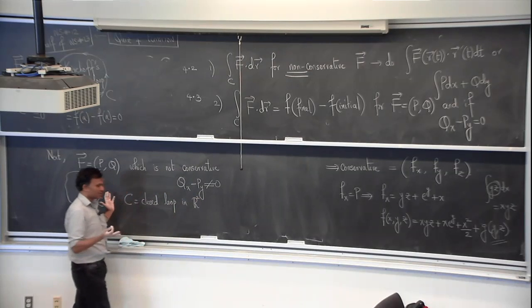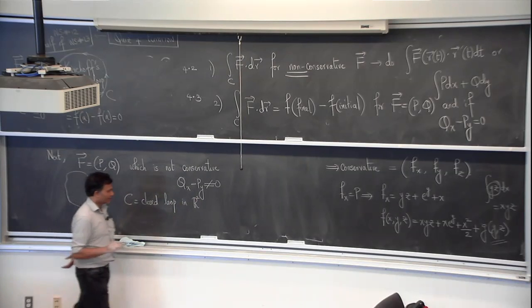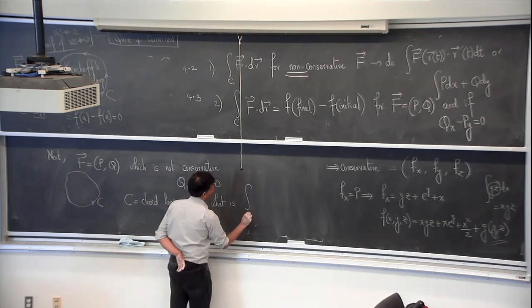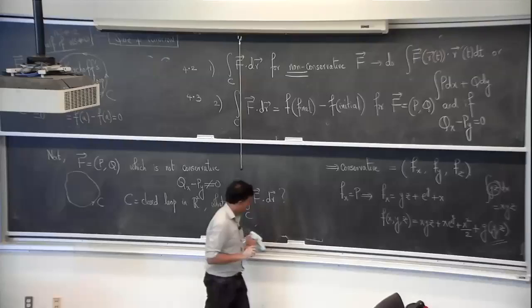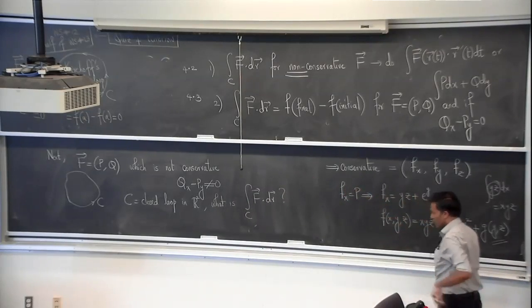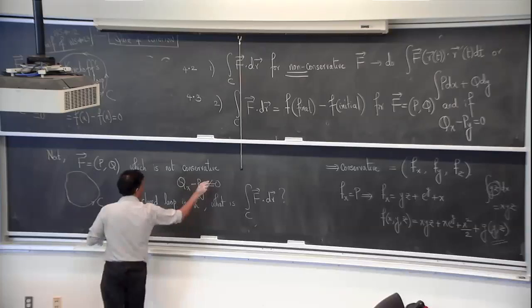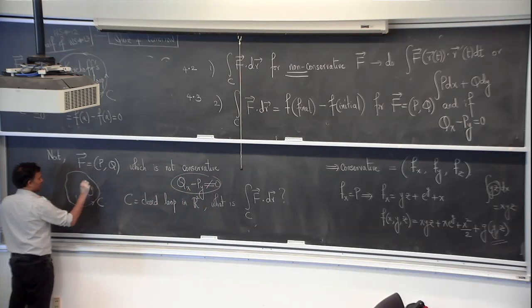Your favorite circle, rectangle, parallelogram, all those are closed loops in R2. What is the line integral of F dot dr? Now that is not zero, because zero is a case only for a conservative vector field. Now we're talking about a non-conservative vector field, which means that there is some kind of rotation happening here. That's a non-zero curl. It's as though there are things that are going around like this.